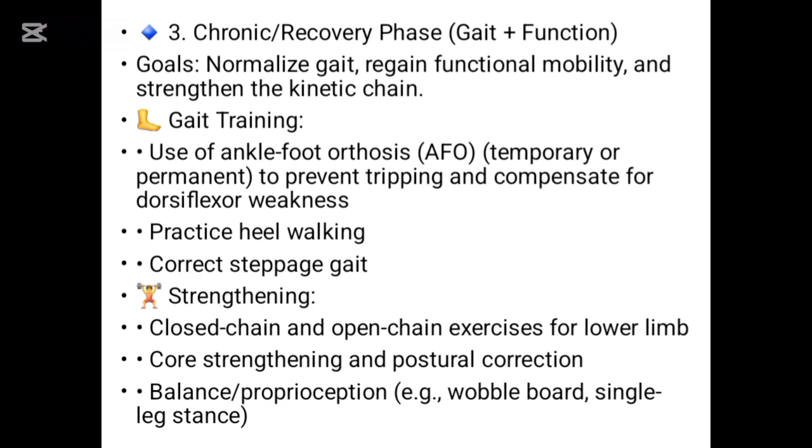Practice heel walking, correct steppage gait, closed and open chain exercises for limb and core strengthening, posture correction, and balance and proprioception using wobble boards and single leg stance. These are some exercises for strengthening the lower leg.